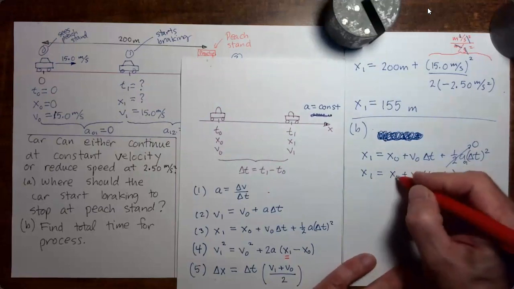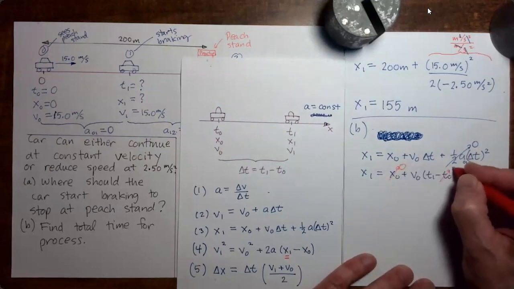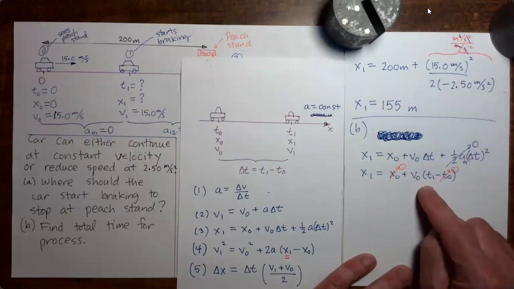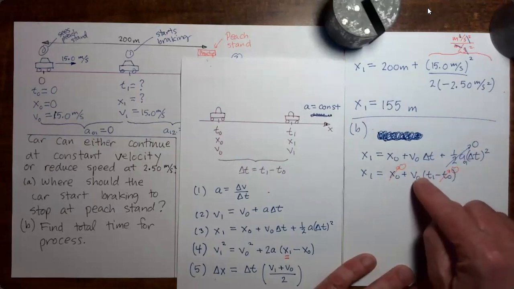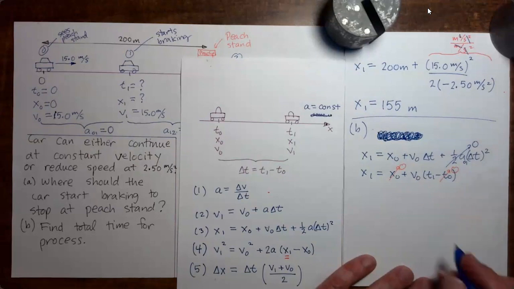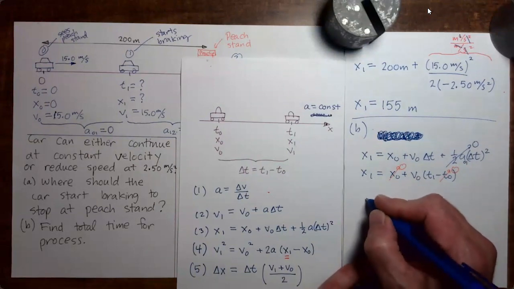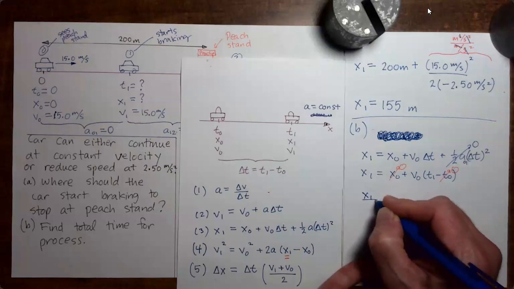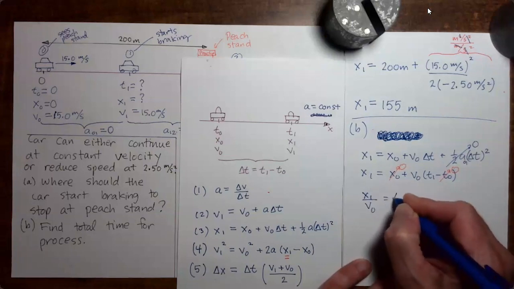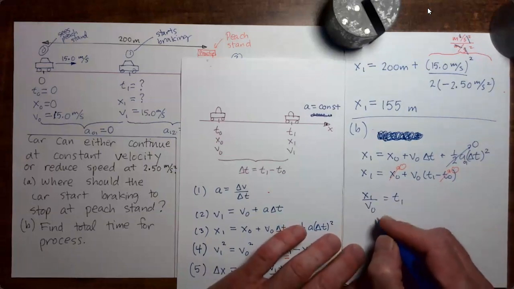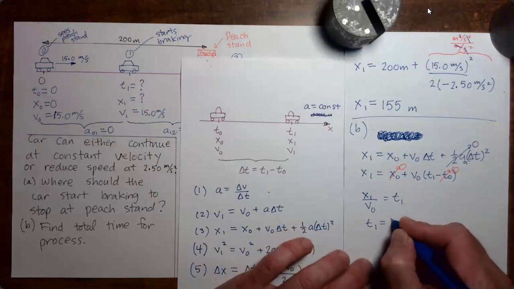Now, x0 was 0. T0 was 0, so I can solve for t1 here, just divide through by v0. And I have then x1 over v0 equals t1, or switching sides, t1 equals x1 over v0.